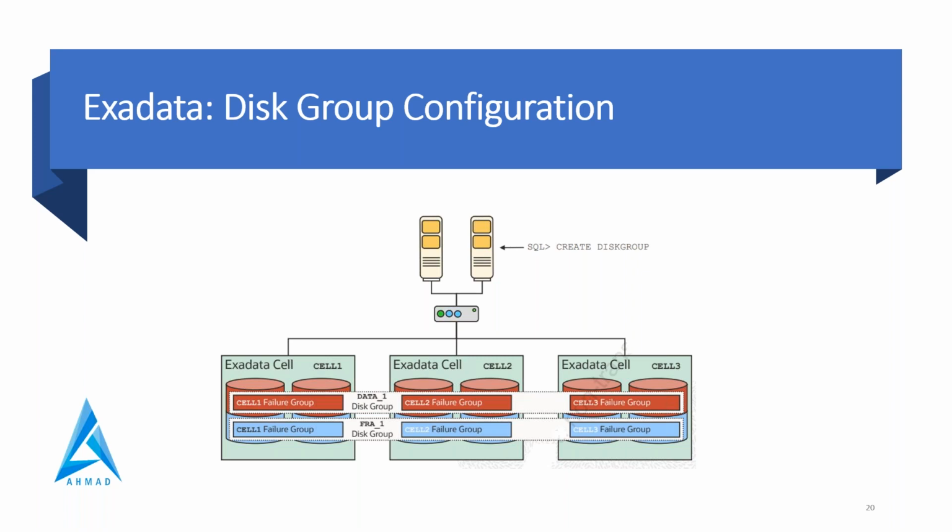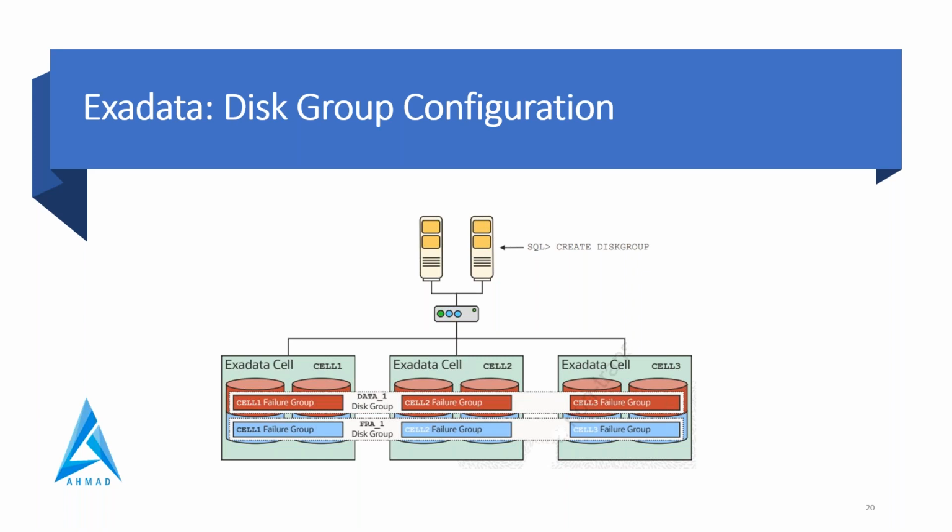To protect against the failure of an entire Exadata cell, separate ASM failure groups are automatically associated with each cell, which ensures that mirrored ASM extents are placed on different Exadata cells. By default, when failure groups are automatically created, their names correspond to the cell name.